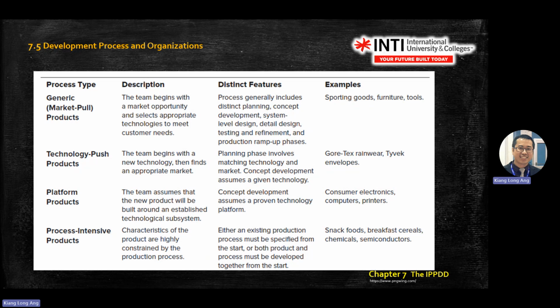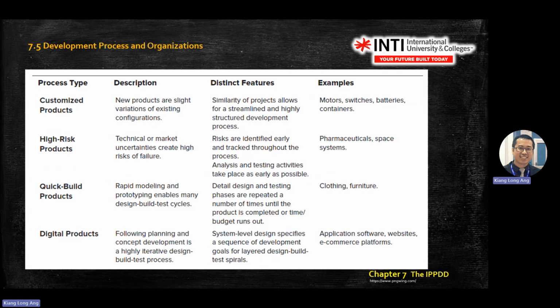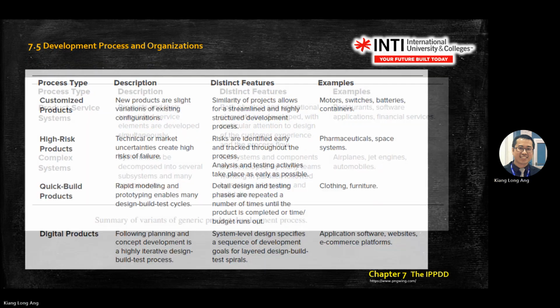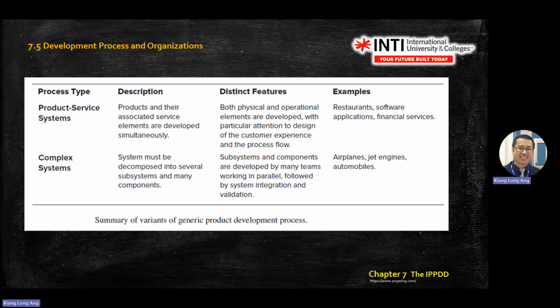What are the descriptions? What are the features? What are examples? Okay. So this one, you went through test one already. Roughly, if there's a table, then very high chance they will ask you. Okay. So including up to complex system. Okay. So yeah.